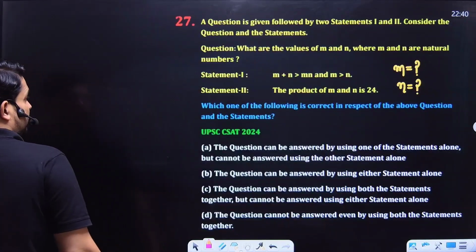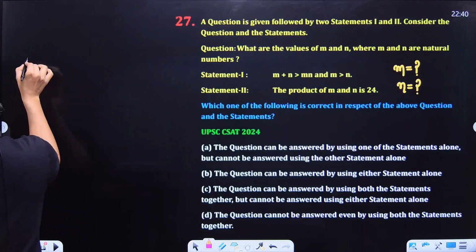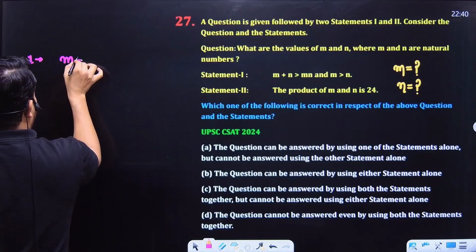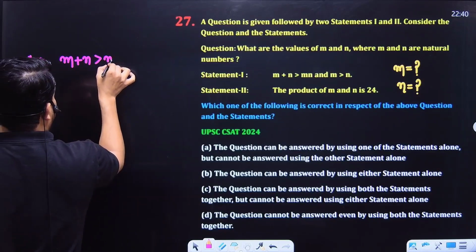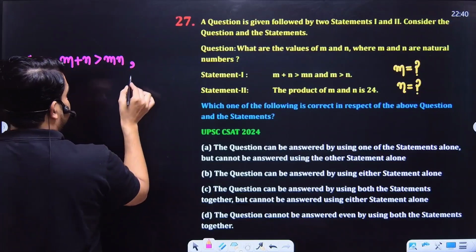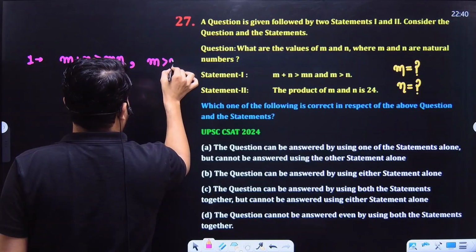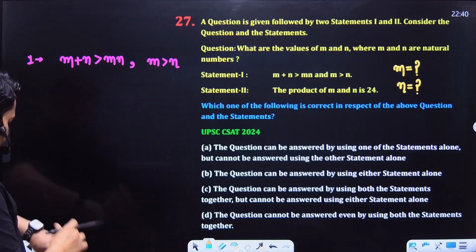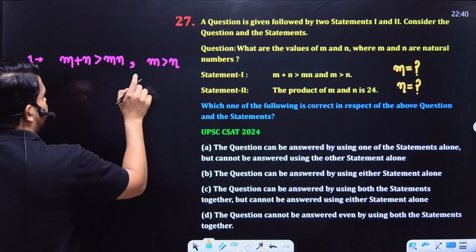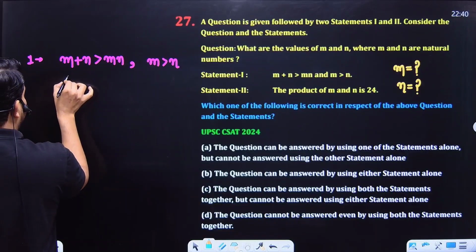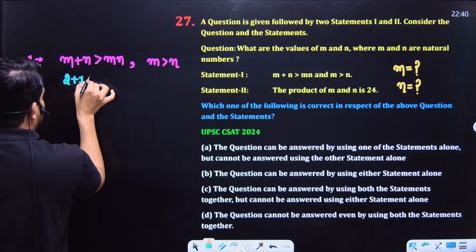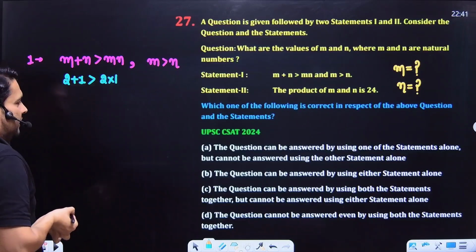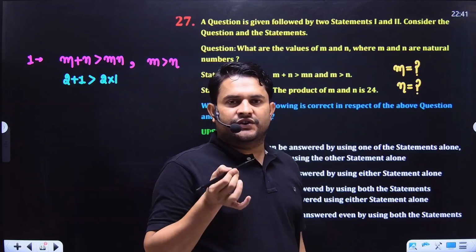See, statement number first says that m plus n is greater than mn, where m is greater than n. So we have many values which satisfy this statement. Here I have to take m greater than n. If I take m equal to 2 and n equal to 1, then 2 plus 1 is 3 and 2 into 1 is 2, and 3 is greater than 2.